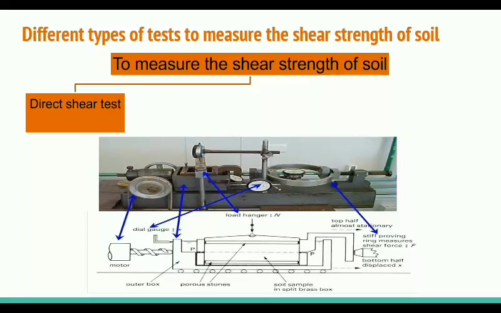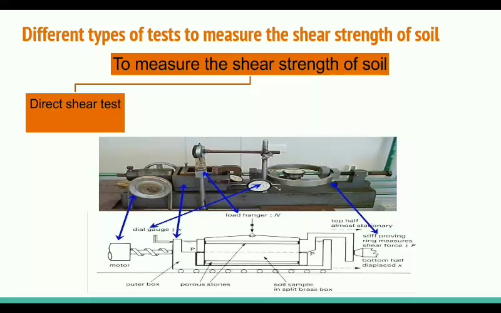In this case, you can see we have fixed the proving ring in the horizontal direction and we are applying a horizontal or lateral force on the soil, and the soil fails in shear, so we call it shear load. The dial gauge reading in the proving ring will give the shear force.